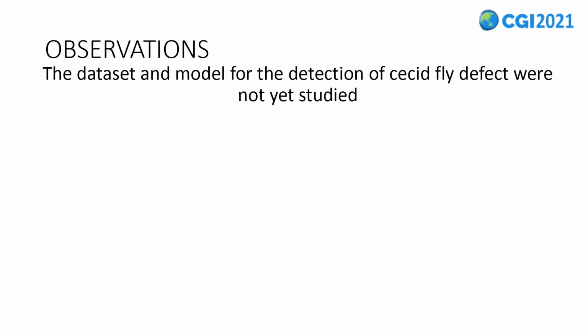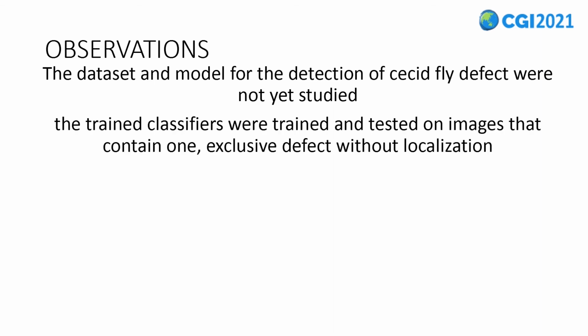Based on our review of related works, the following observations were made. 1. The dataset and model for the detection of Cecid fly defect were not yet studied. And 2. The trained classifiers were trained and tested on images that contain one exclusive defect without localization.